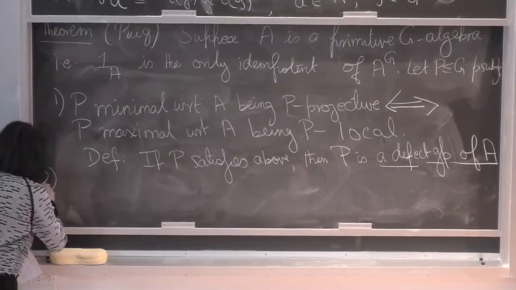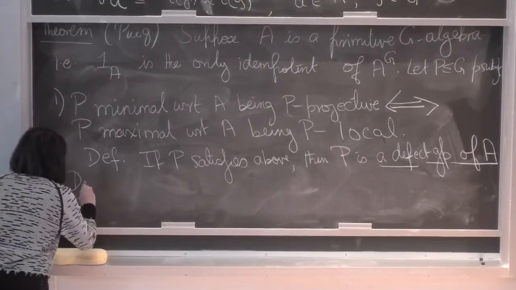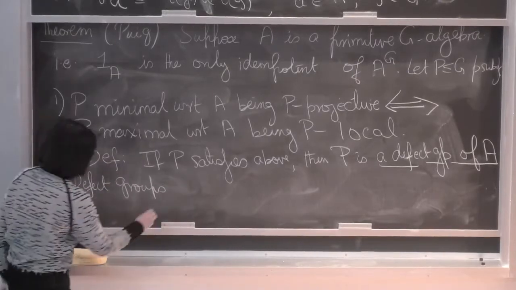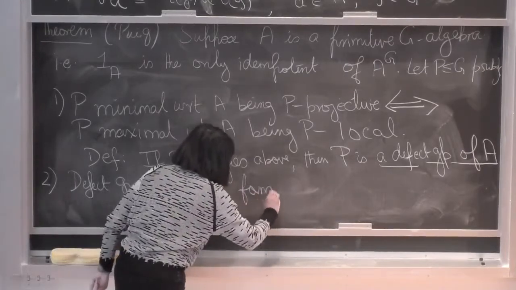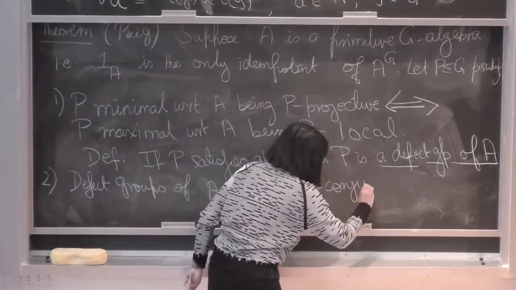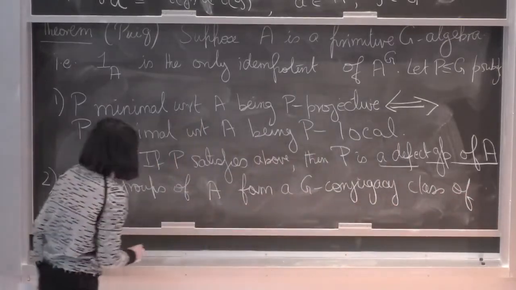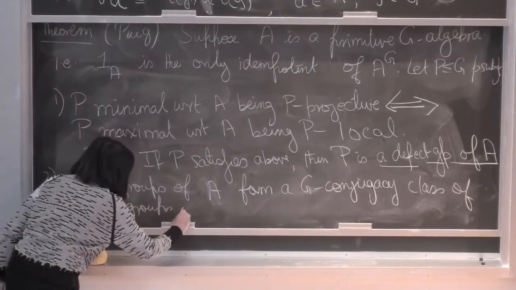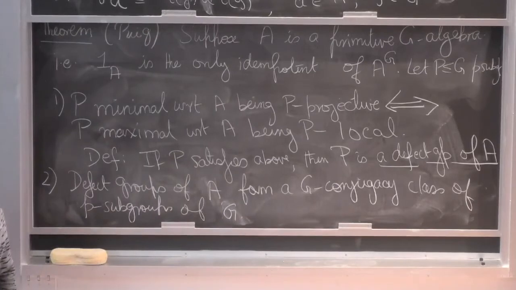And then the second statement I want to make is, again, this is not obvious, you need to do a bit of work: defect groups of A form a G-conjugacy class of p-subgroups of G. This is where you see, again, a shadow of group theory coming in.